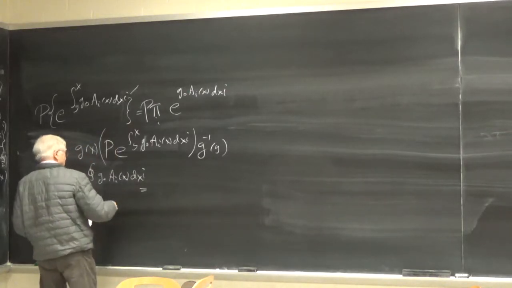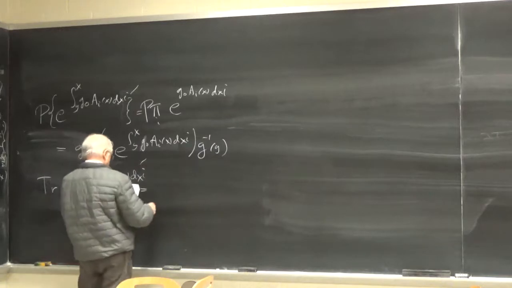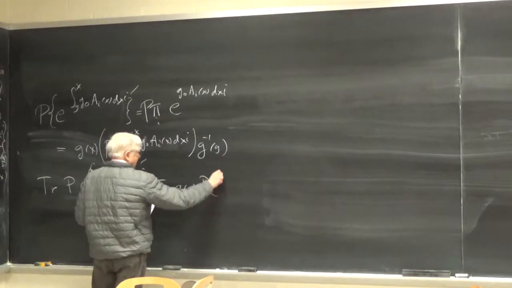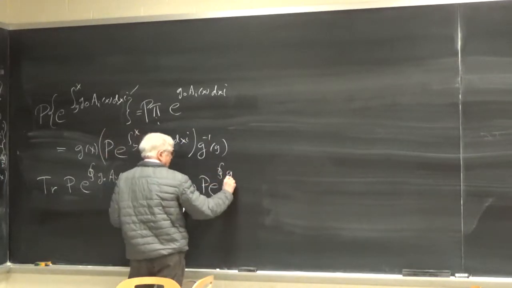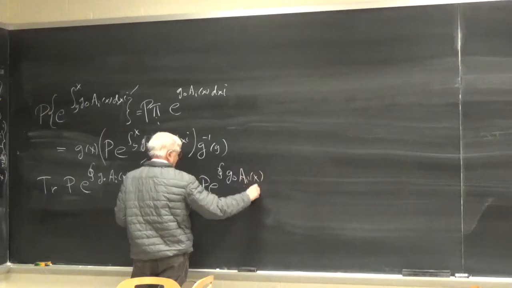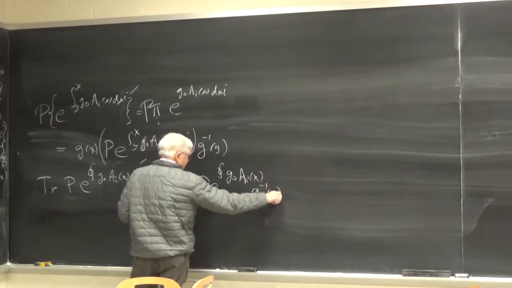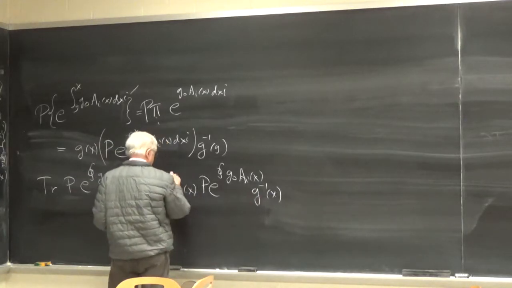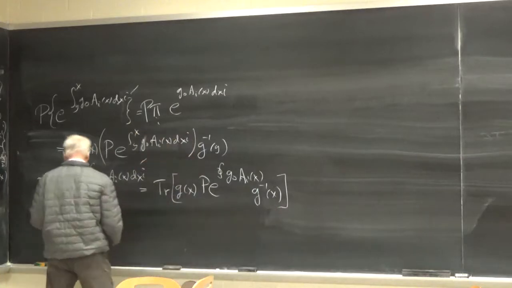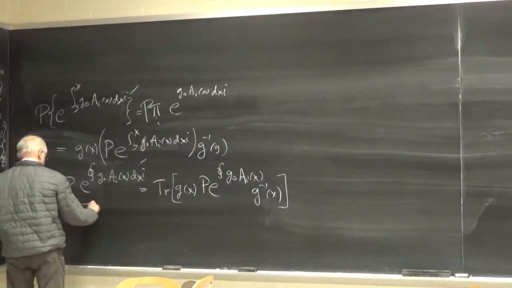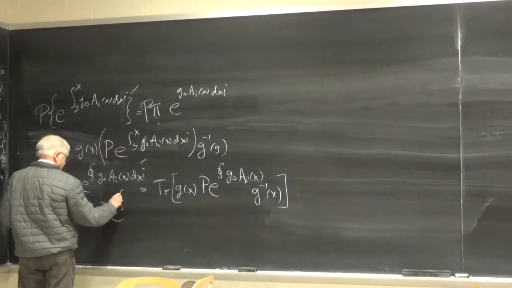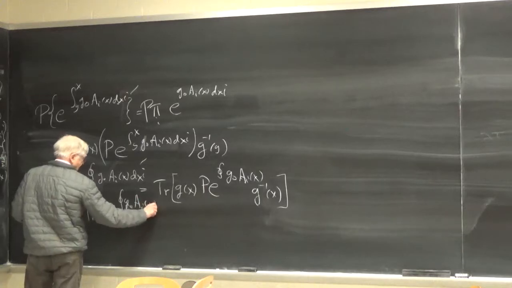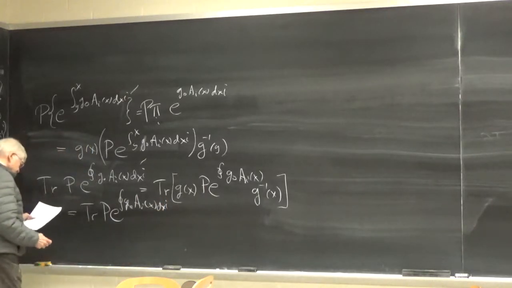This under a gauge transformation, so I'll put a big prime there, will be trace of g of x, path ordered exponential around the loop of g0 A_i of x, g inverse of x or y, whatever it was. In any event, these two cancel because the trace is cyclic, and so this is just the trace of the path ordered exponential of g0 A_i of x dx^i.